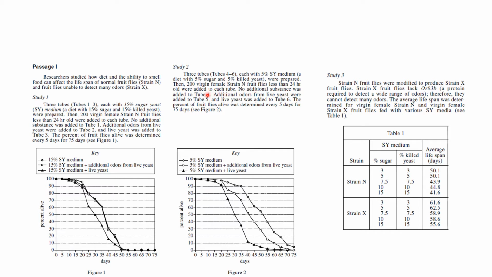Everything else looks the same, 200 virgin females, test tubes are described, and then you have these charts, percent alive in days. Study 3 is going to be normal fruit flies and strain X fruit flies, and it looks like they're testing the ability to smell and not smell. And that's it, you move on. We did that in about 40 seconds, and that's about the time you want to take before you get to the questions.